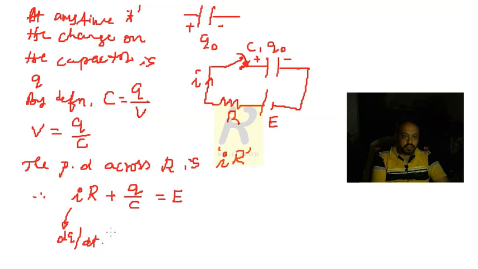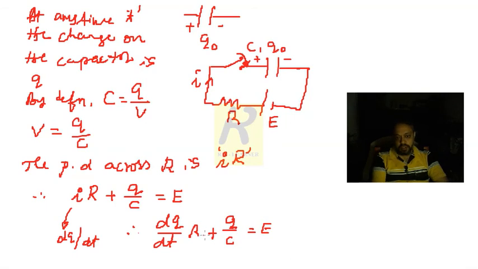Okay. So, now we are having this much. Therefore, it is dq by dt into R plus Q divided by C is equal to E, right. So, this is the equation I am having now.